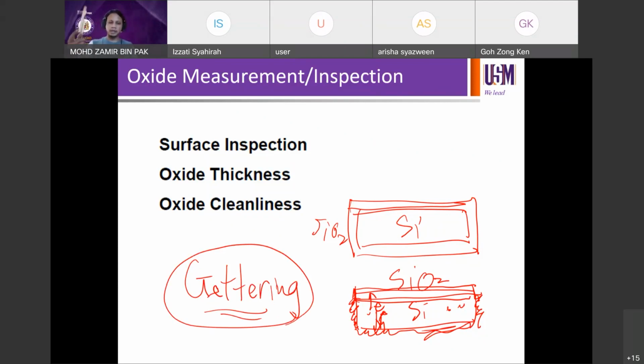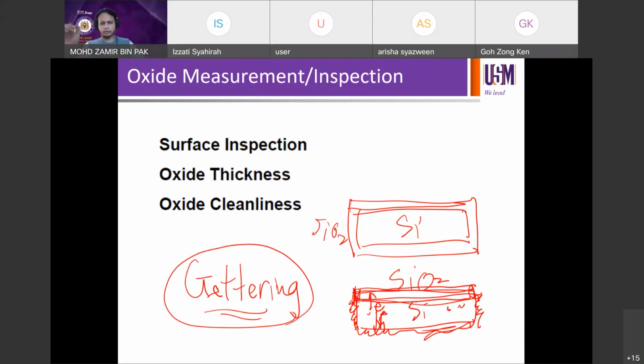But for a solar cell, we will use the whole region. There's no passive area, everything is active. So that's why when we talk about different devices, the requirements on the material and the requirements on the devices will be different. The clearest one is the difference between MOSFET and solar cell as far as the design is concerned. So we will be left with oxide on the silicon for the next process.